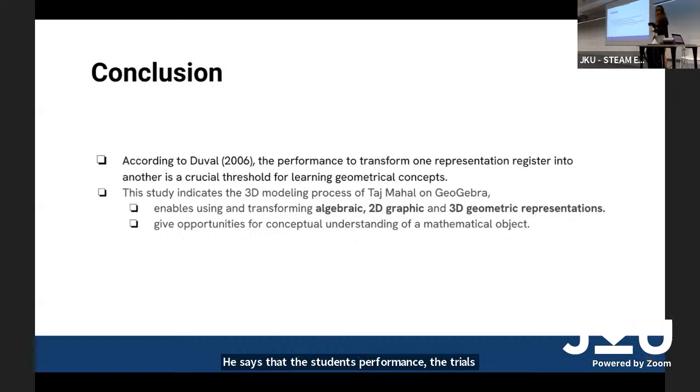And in this study, we can indicate the 3D modeling process of Taj Mahal, because in our case, we only investigated the Taj Mahal project on GeoGebra. It enables students to use or transfer between multiple representations, which are algebraic, 2D graphic, and 3D geometric representation. And it also gives some opportunity for conceptual understanding of a mathematical object for our students.